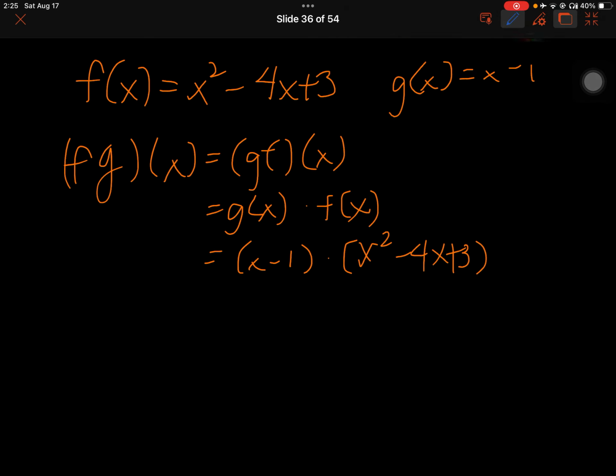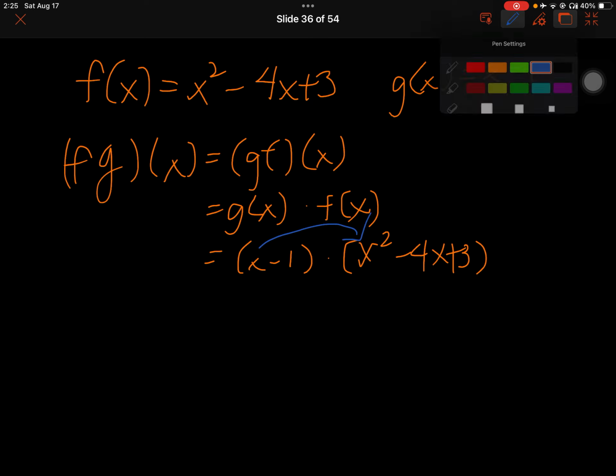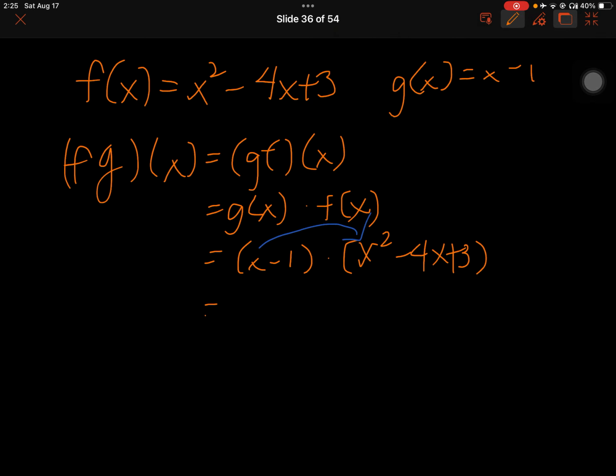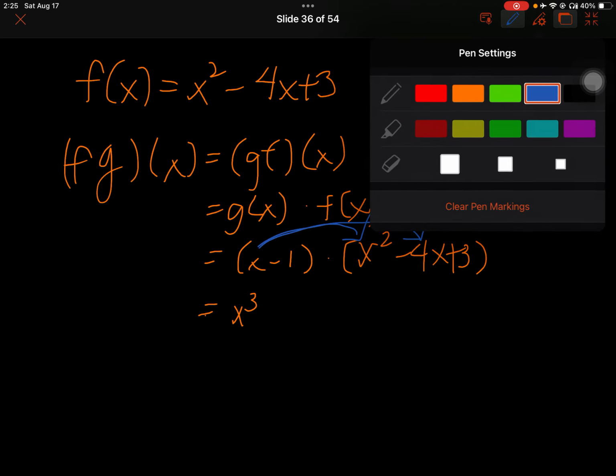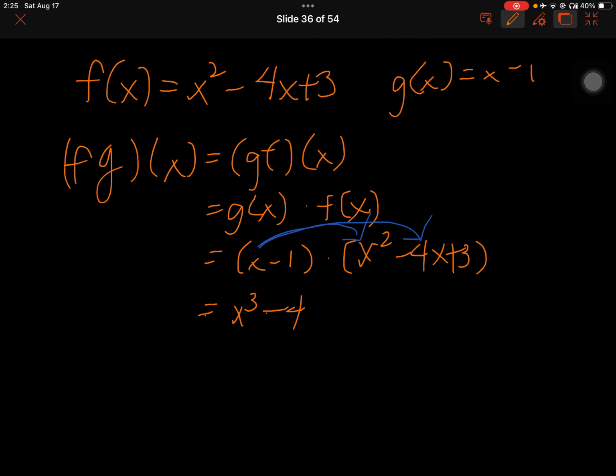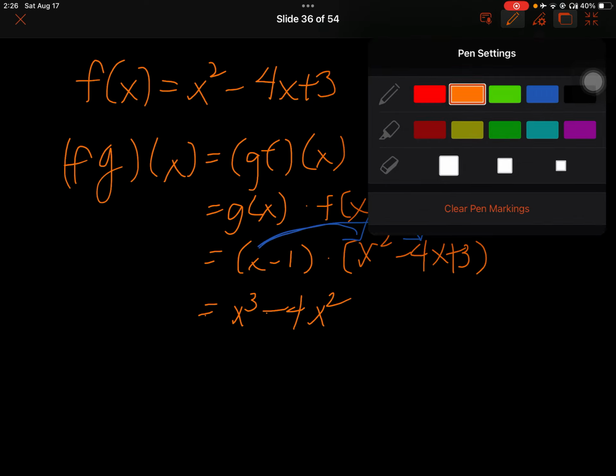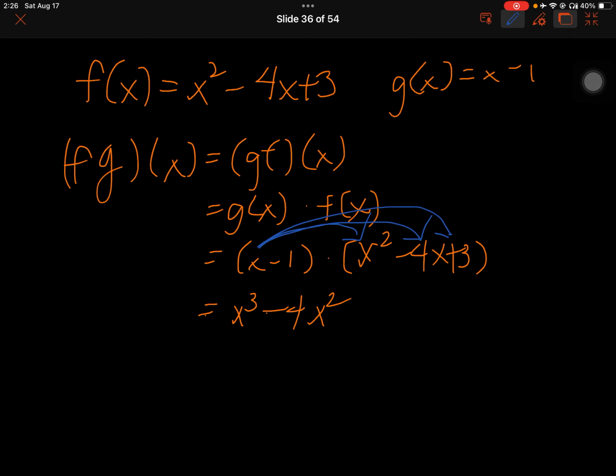Okay, so x times x squared is x cubed. Next, x times negative 4x is negative 4x squared. And then x times positive 3 is positive 3x.